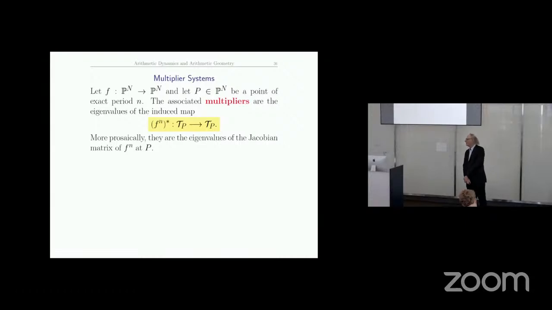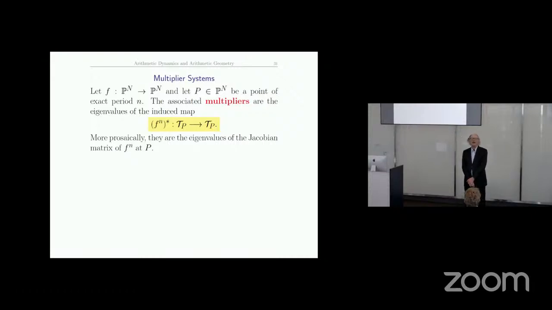How might one get one's hands on these spaces? Well, the way one studies moduli spaces frequently is you look for functions on those spaces. For abelian varieties, one looks at theta functions. Here, we don't have anything really analogous to theta functions, but there's something called multiplier functions. So what's that?